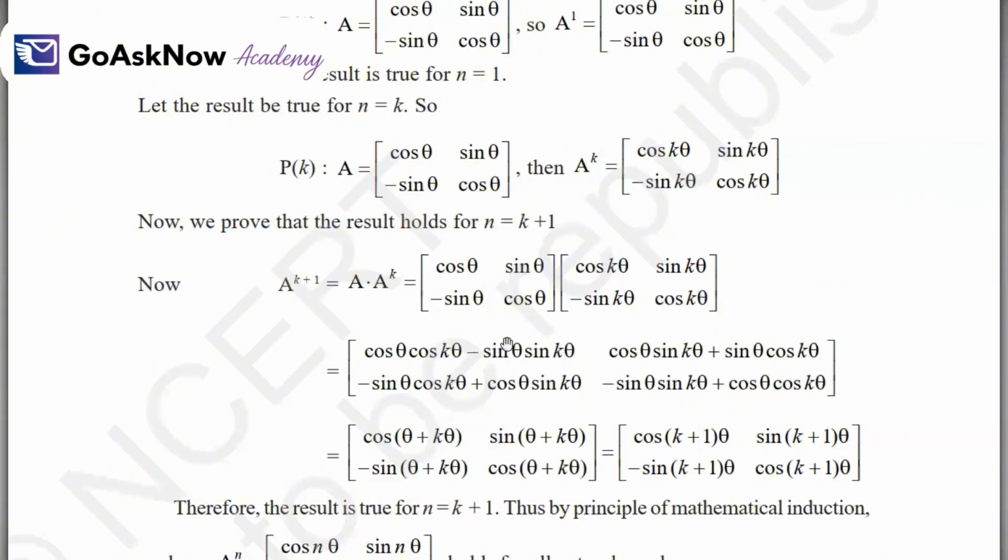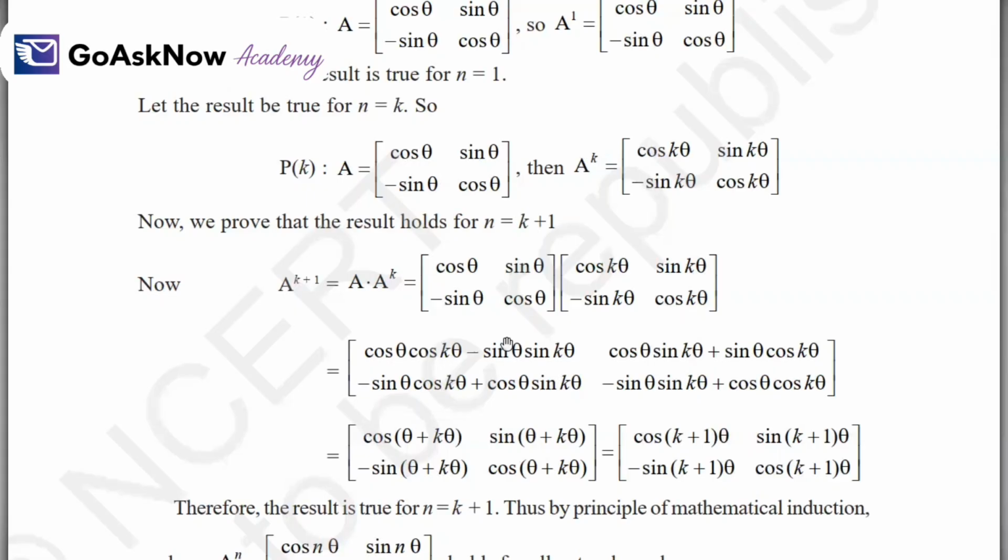So it can be expressed in terms of what? cos (k plus 1)θ. Okay. And the second term is sin (k plus 1)θ. The third element is minus sin (k plus 1)θ. And the fourth one is cos (k plus 1)θ. So I hope you got how we have written this.